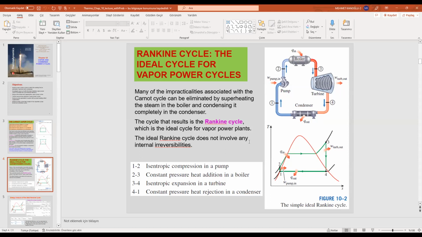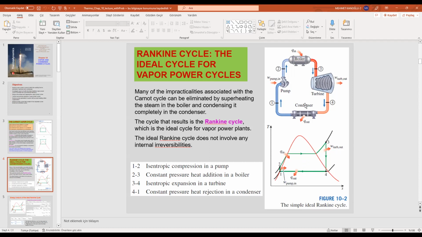So in order to summarize, it is easy to see that process 1-2 is isentropic compression in a pump, 2-3 is constant pressure heat addition in a boiler, 3-4 is isentropic expansion in a turbine, and 4-1 is constant pressure heat rejection in a condenser.